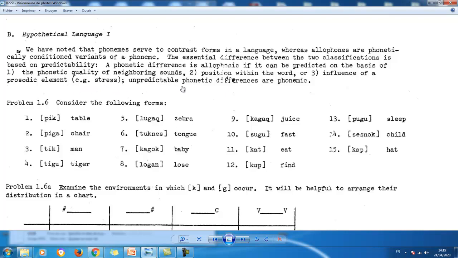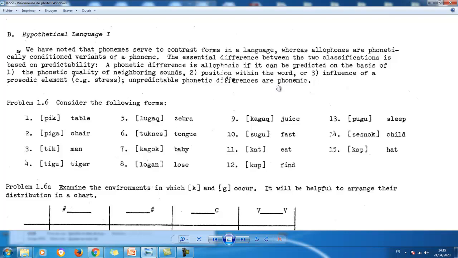Now, unpredictable phonetic differences are phonemic. Let me just very quickly give you a very simple example. The word cat, the first phoneme of it is k. Can we predict that k should be placed in the initial position of at to give us cat?